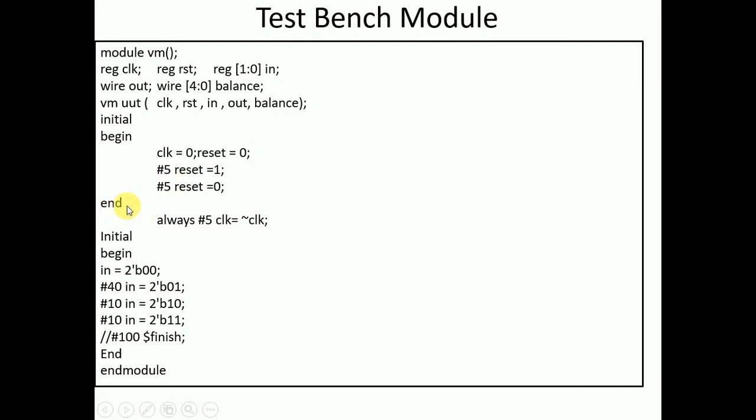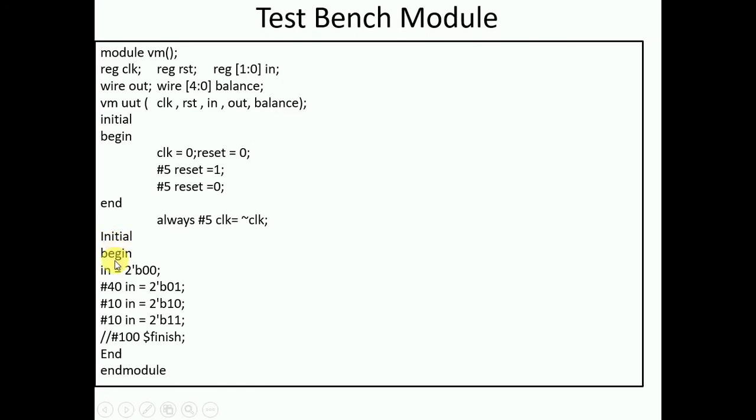Then you end it, and then this is a statement which keeps the clock ticking every 5 seconds. That is, for every 5 seconds it will be positive, and then after every 5 seconds it will be negative. That is, it will be exactly a replica of the previous cycle but in the negative direction.